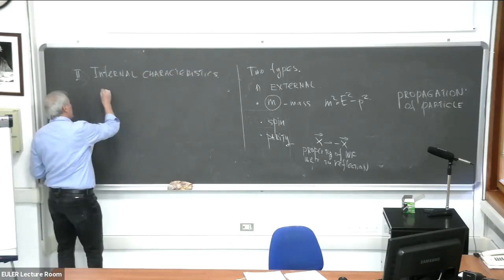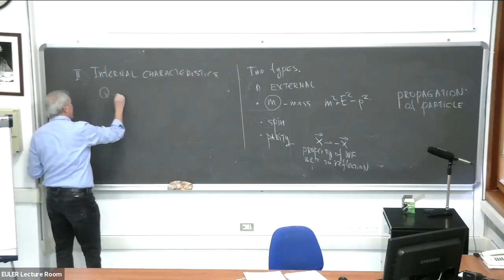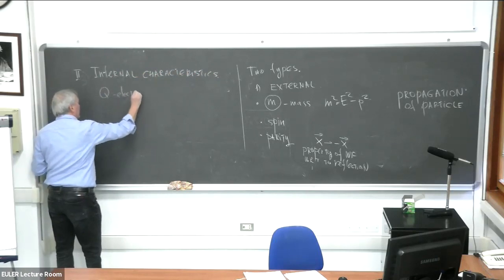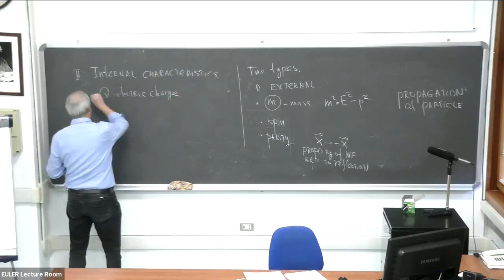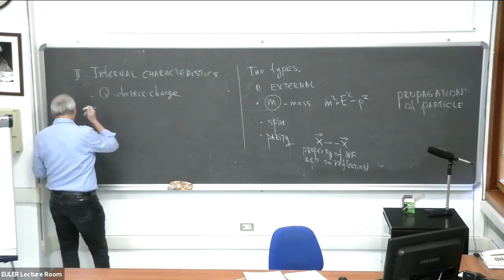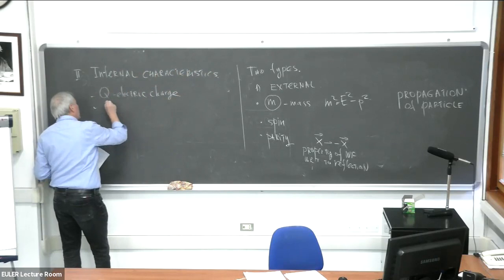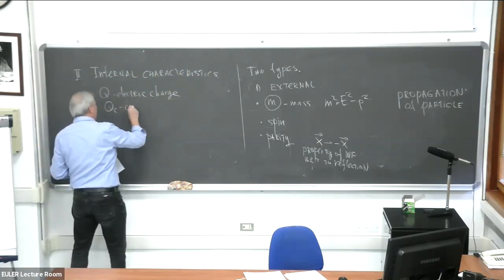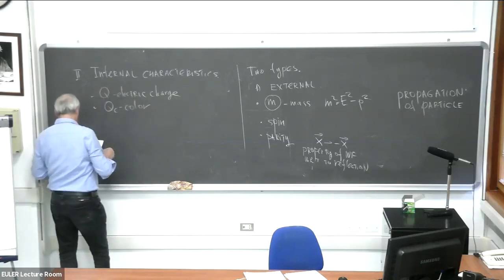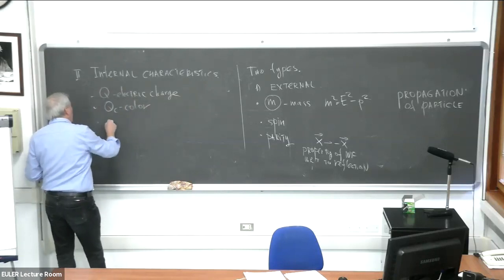That includes electric charge, spin, color. I will explain this later. What is this? Now, Vk is a spin.